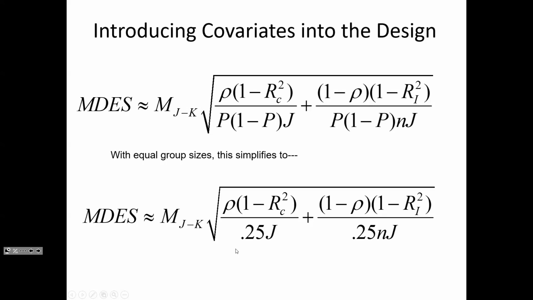Remember, with minimum detectable effect size, smaller is better. What's interesting here is that we can think about our R squared, or covariate, like in regression, in terms of the proportion of variance in the outcome variable explained by the covariate. But remember, we're in multi-level land now.